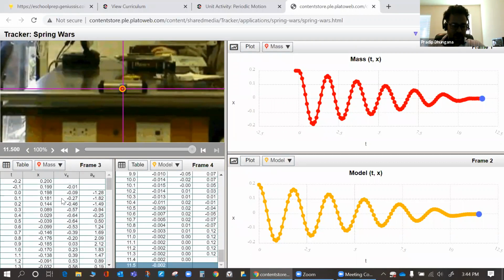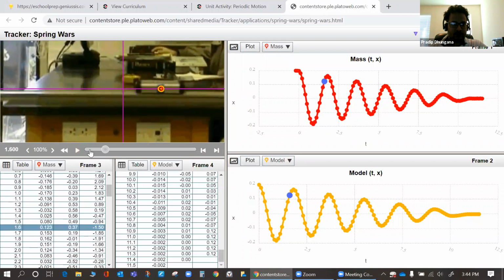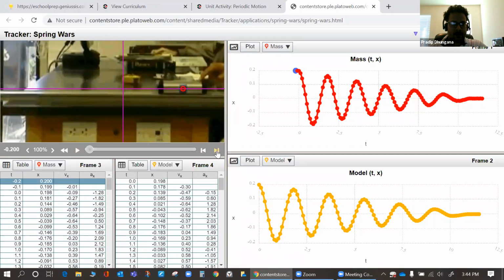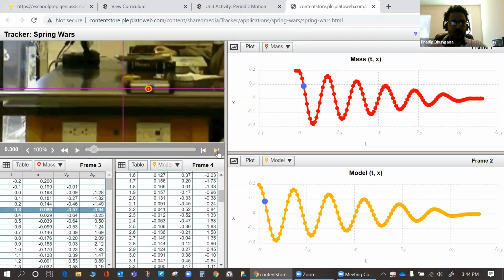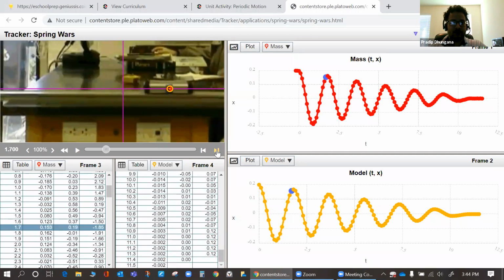And then let's calculate time period. So time period is defined as the time in which the object completes one oscillation. That means, let's see, click on that one. So in the beginning, object is here, it goes forward, and then again it comes back to the same spot.